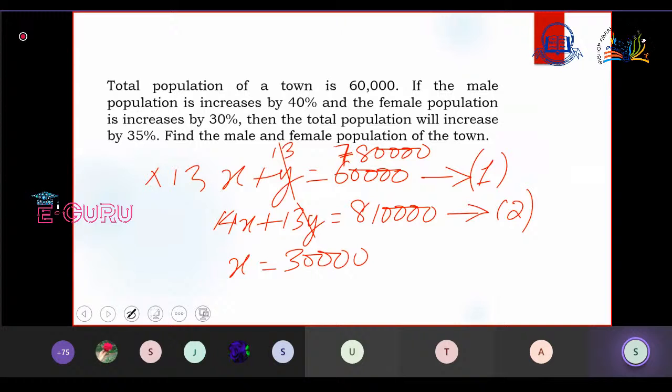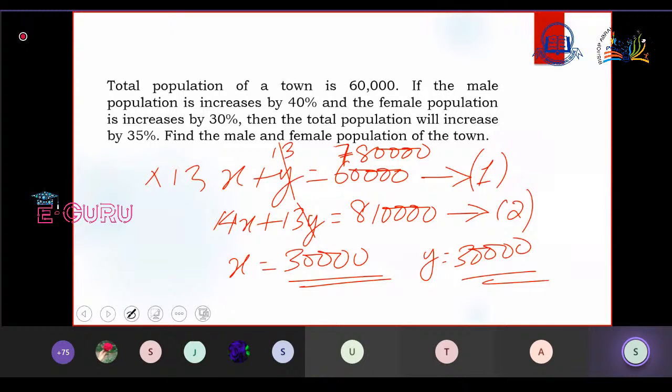So we got the value of x as 30,000 and x plus y we know it is 60,000. So if x is 30,000, then y will also be 30,000. So the current male population is 30,000 and current female population is 30,000.